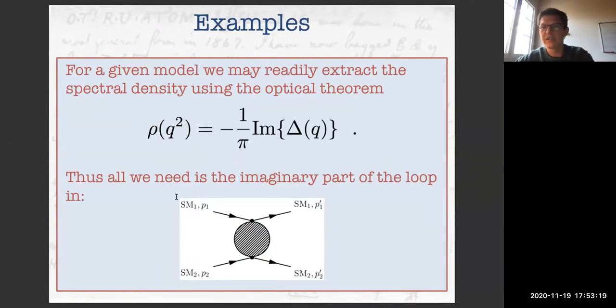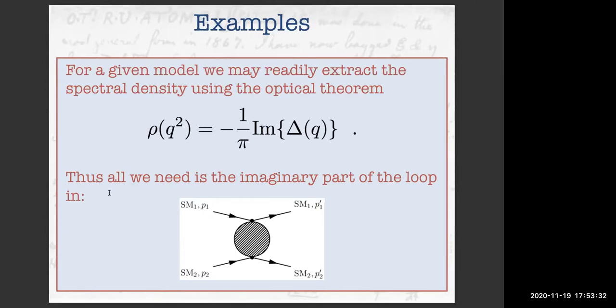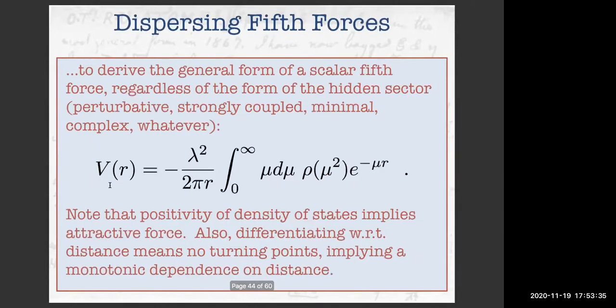And we can actually use this set of tools to quite easily extract some results for specific models. I missed your qualification in the previous thing. I understand the positivity of rho gives you attractive potentials.